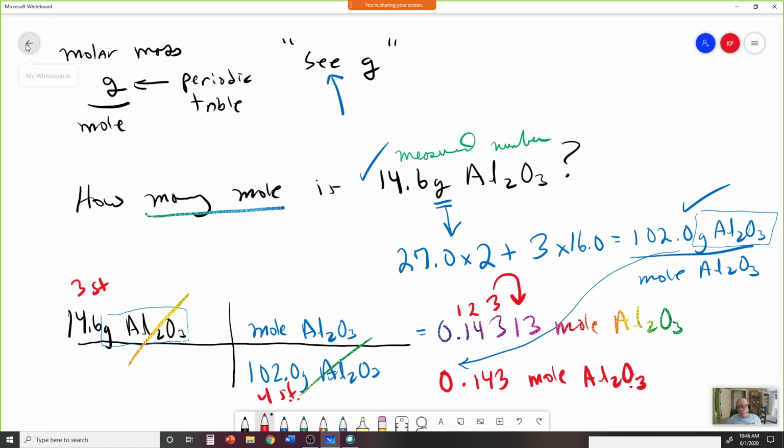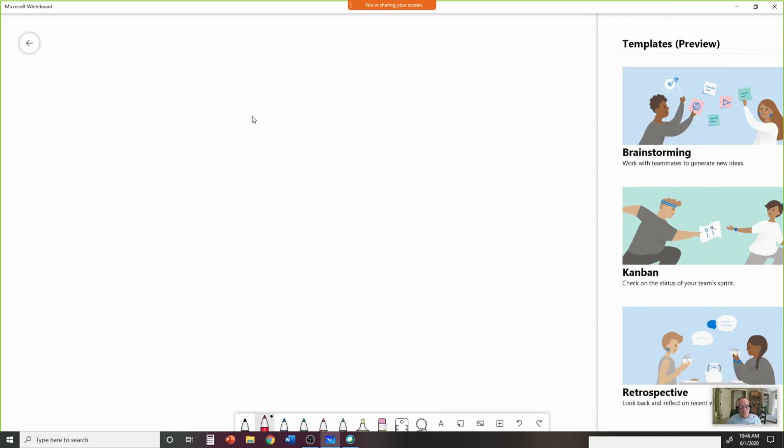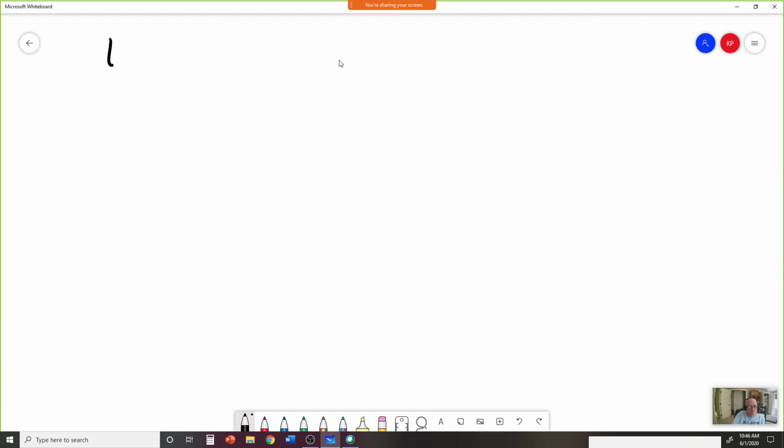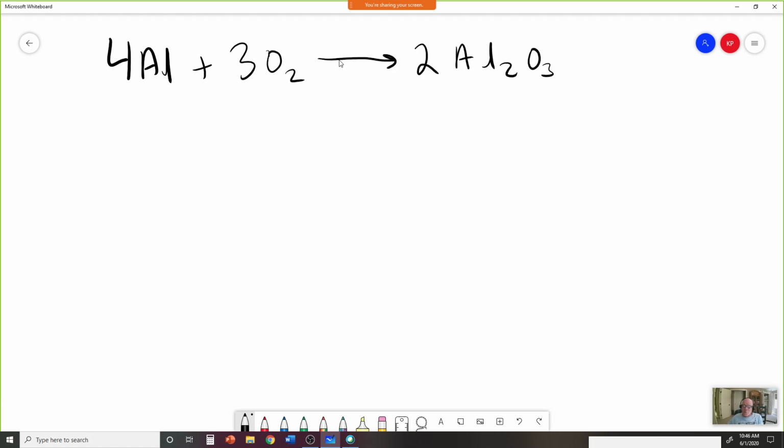All right, now we're going to put all of this together, okay? Now, let's take a look at my favorite balanced equation. We have 4 aluminums plus 3 oxygen gases go to 2 aluminum oxides.